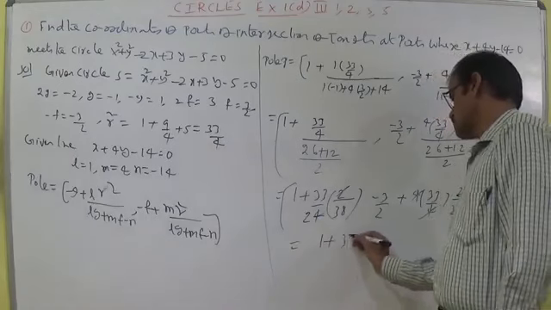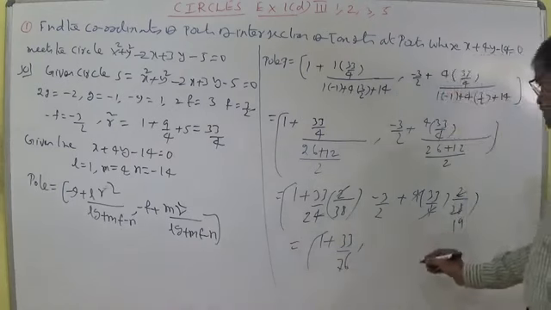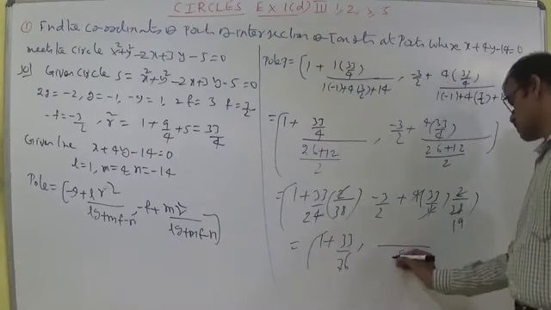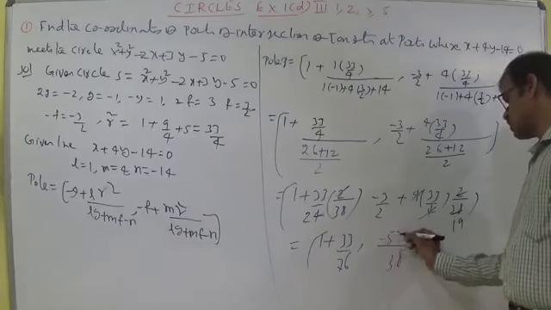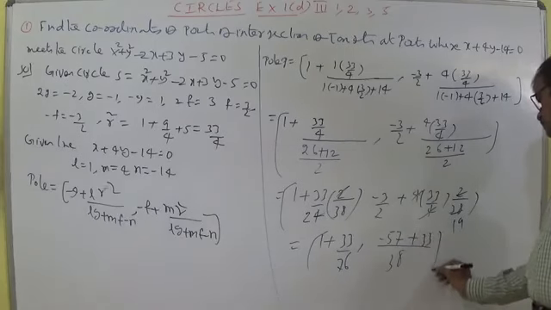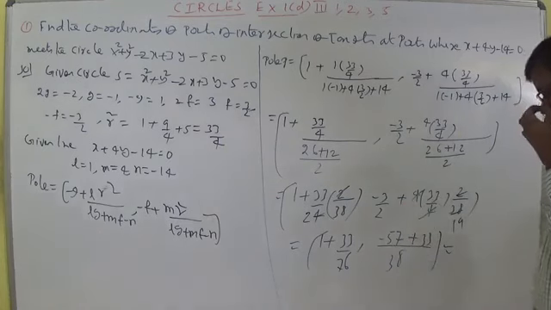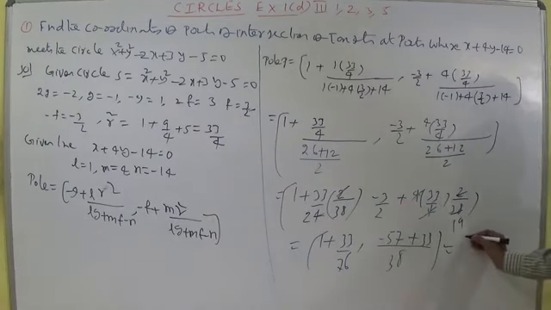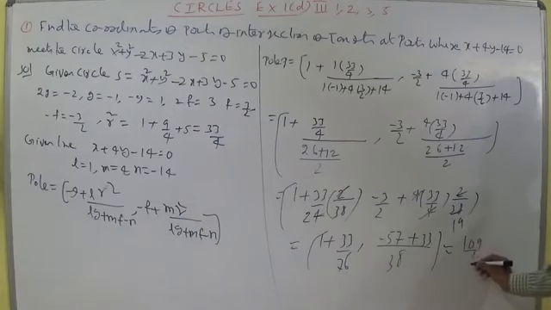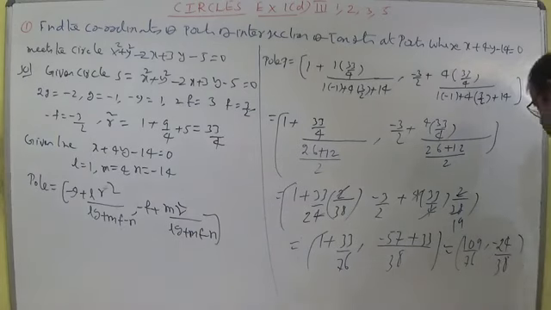1 plus 33 by 76, comma, here take an LCM, 19 and 2 LCM is 38. So here you can write 19 into 3 minus 57 plus this is 33. You can write as 76 plus 33, which is 109 by 76, comma, this is minus 57 plus 33 becomes minus 24 by 38 or minus 12 by 19.